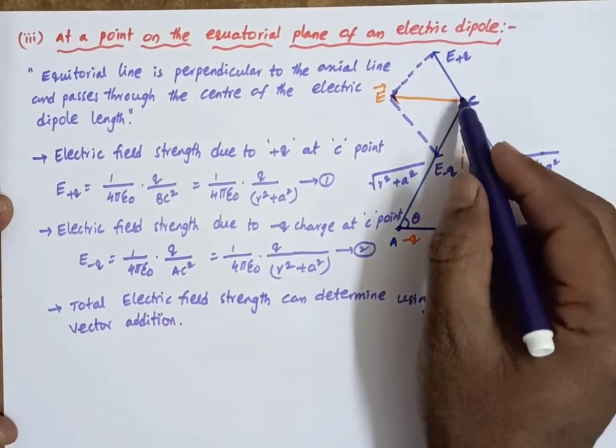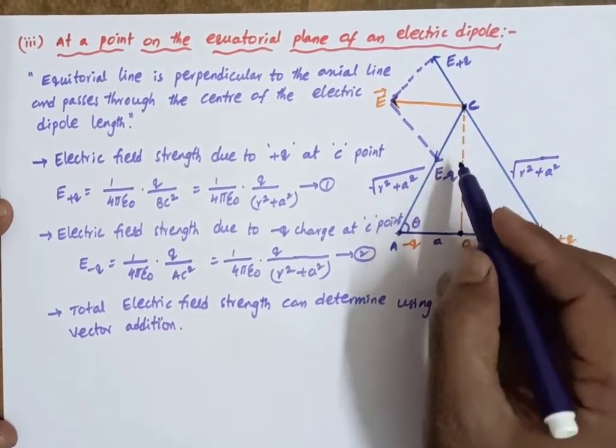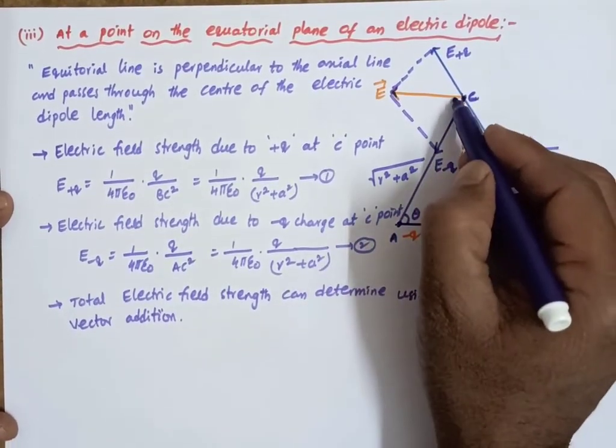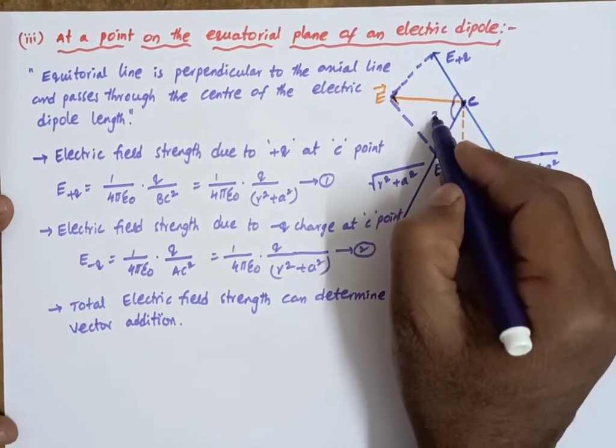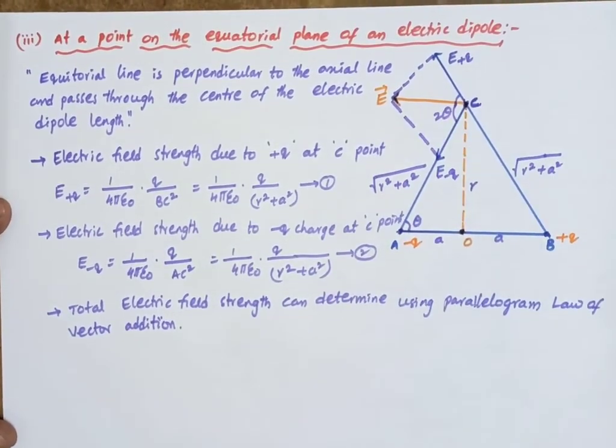What is the angle between these two sides? This is angle theta and this is also angle theta. The total angle is 2 theta.